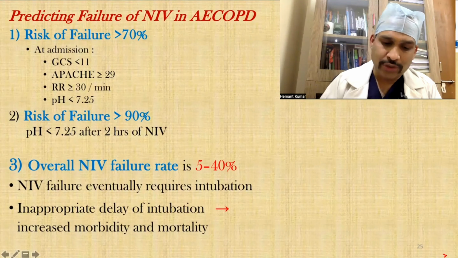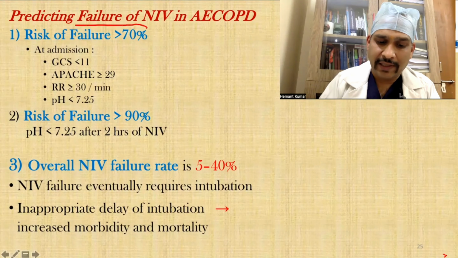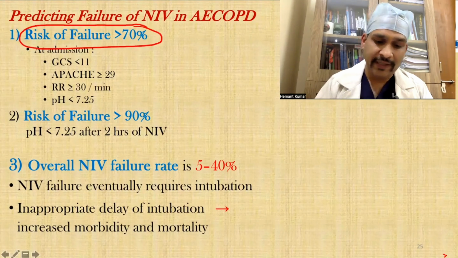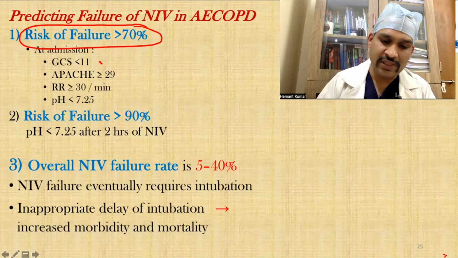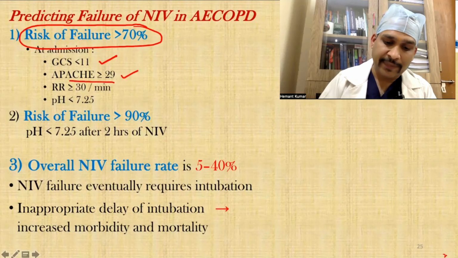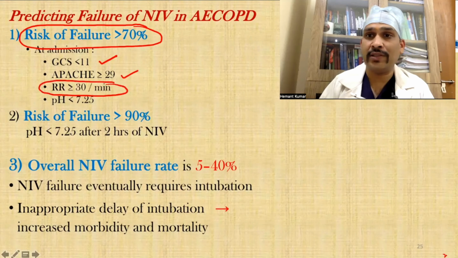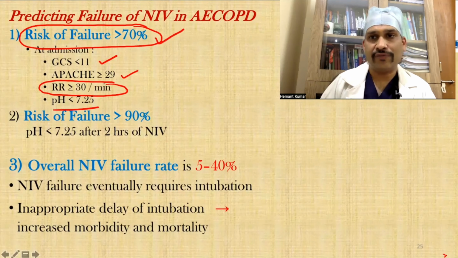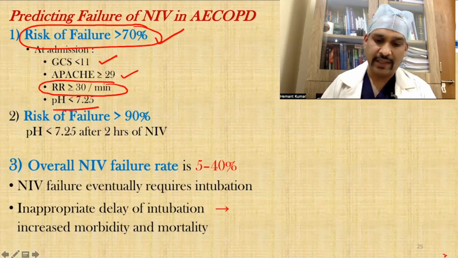Studies show that the risk of NIV failure is more than 70% if at the time of admission the GCS is low, less than 11, the APACHE score is more than 29, and the patient is highly tachypneic, meaning respiratory rate more than 30, and pH is acidotic. This subset of patients used to have more than 70% chance of NIV failure.